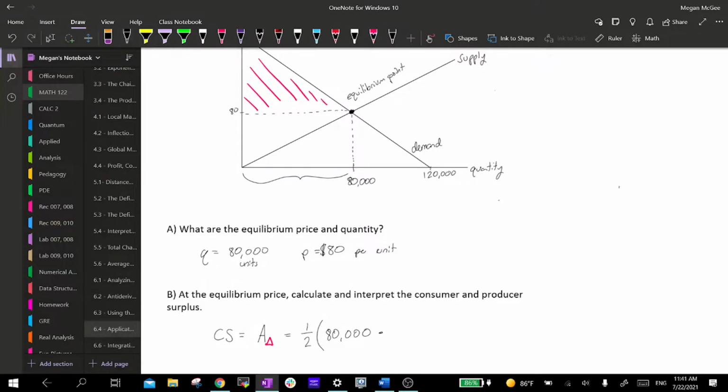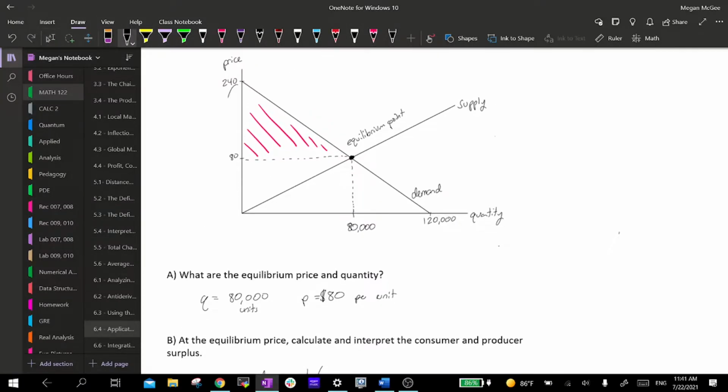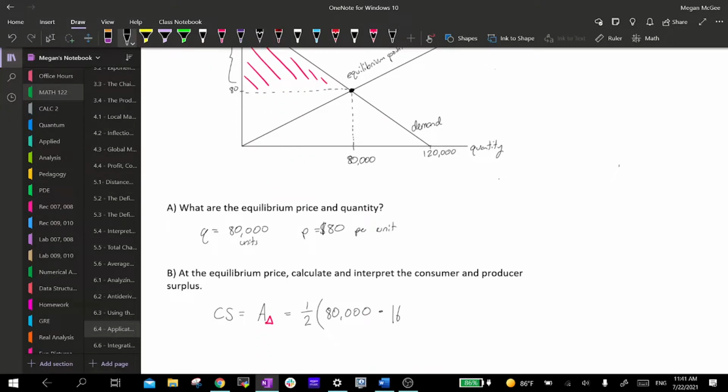And our height is going to be the top price, our 240, minus the 80. So that will give us 160. So that was our base times our height. We take 1/2 of that, we get the area of our consumer surplus triangle, which ends up being 6,400,000.